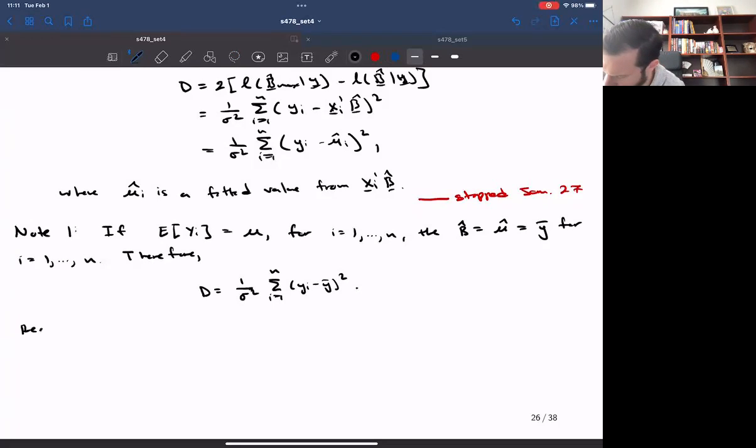And then recall that s squared is equal to 1 over n minus 1 times the sum from i equals 1 to n of (y_i minus y bar) squared.